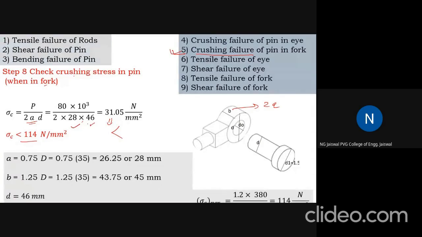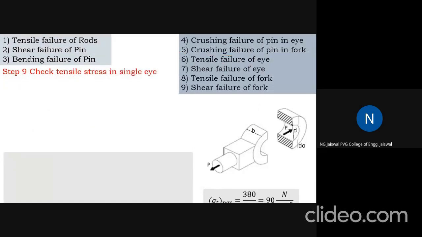Next is tensile failure of I. What should be the next step? Next step would be check tensile stress in I. This is the tensile failure, the separation of the layer, separation of the surface plane.